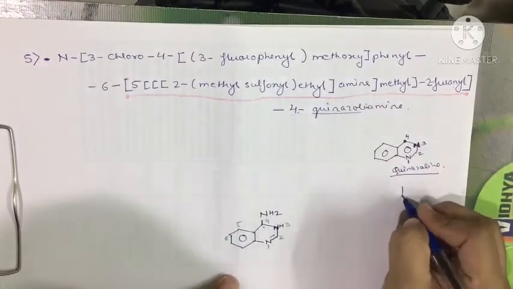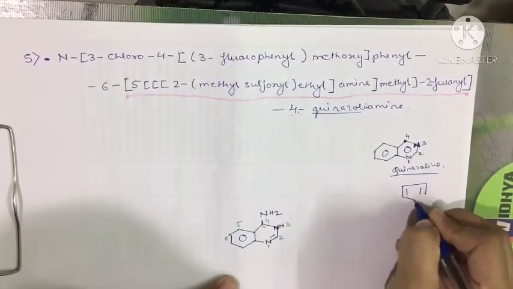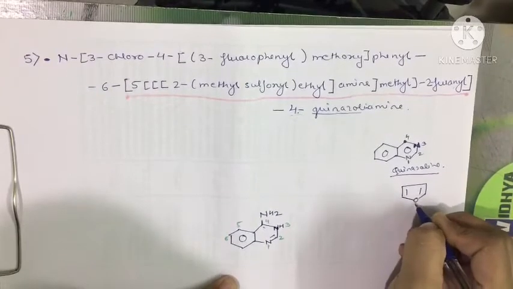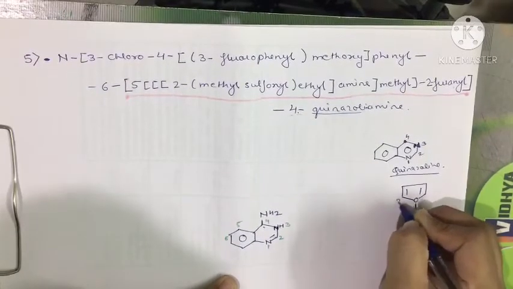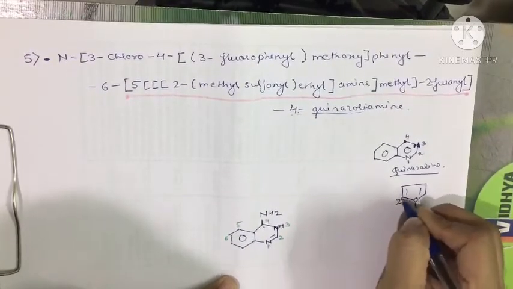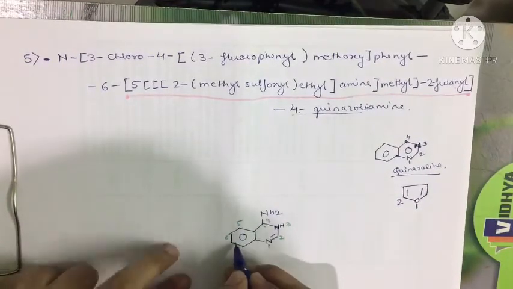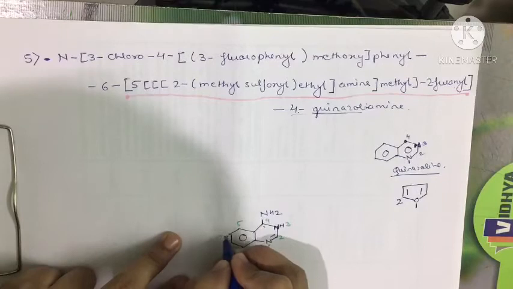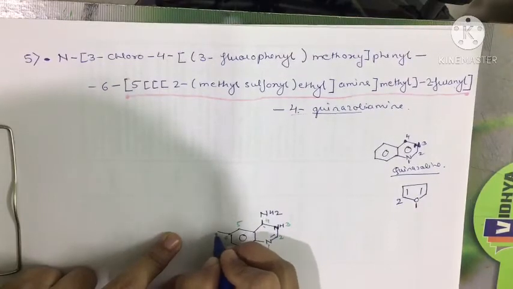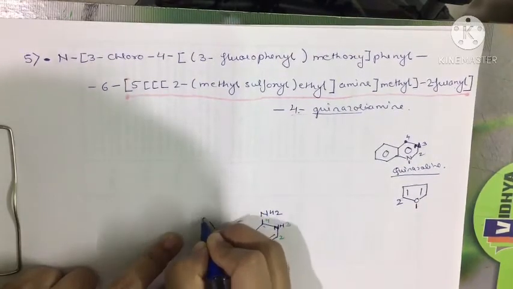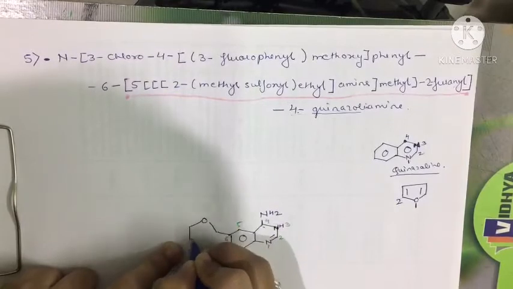What is furan? Furan is a 5-membered oxygen containing ring. So numbering starts from here 1, 2. So 2nd position of furan is attached to the 6th position of this quinazole amine. So I will attach the 2nd position here. We are having oxygen here, a furan group.